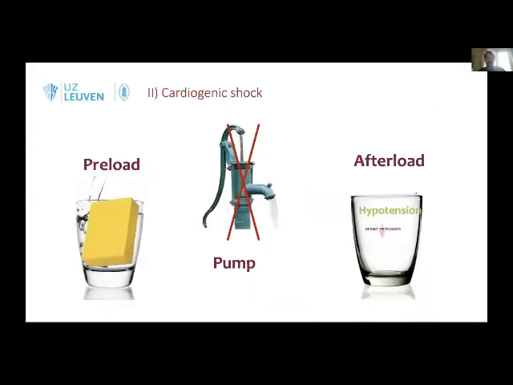But in a cardiogenic shock state, the pump, of course, is failing. We get a huge increase in preload, whether that is the left side, so the lungs, or the right side, the venous system, the abdominal compartment, etc. And we get a decrease in the organ perfusion and hypotension. So this is actually very basically what a cardiogenic shock state is.